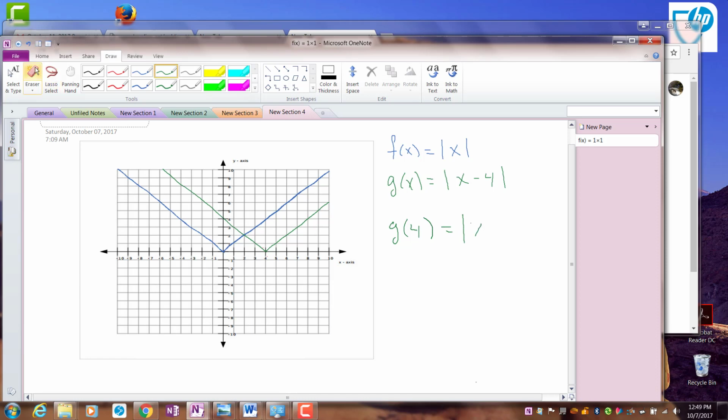Then we get 4 minus 4, and the output is 0. So the input was 4, the output is 0, and indeed there is that vertex 4 comma 0, and it's been transformed horizontally 4 to the right and not 4 to the left. Okay, so just a little bit on that.